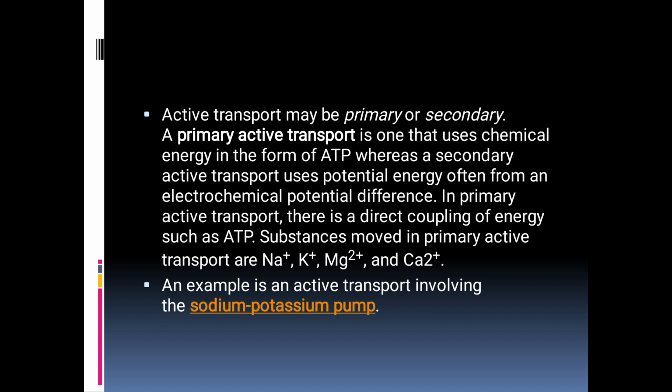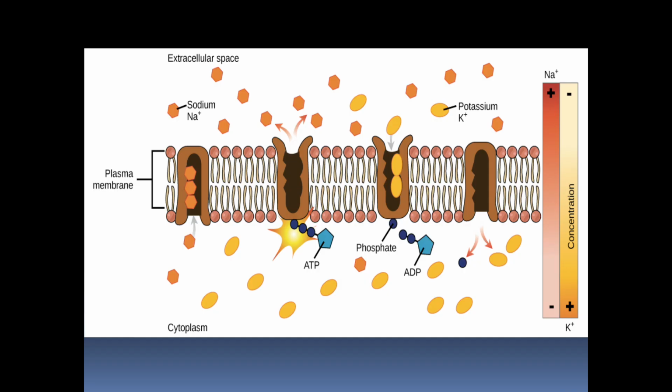In primary active transport, the substances involved are sodium, potassium, magnesium, and calcium ions. An example of active transport is the sodium potassium pump, as shown in the figure here.